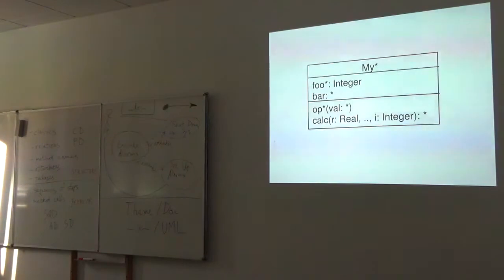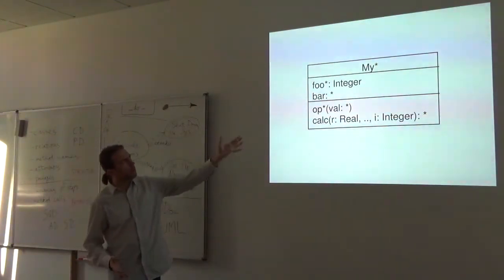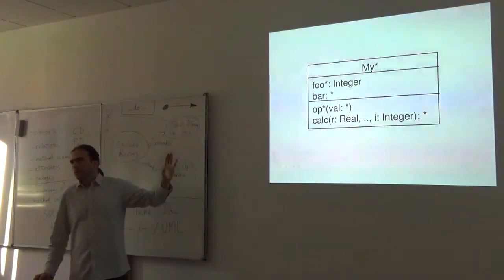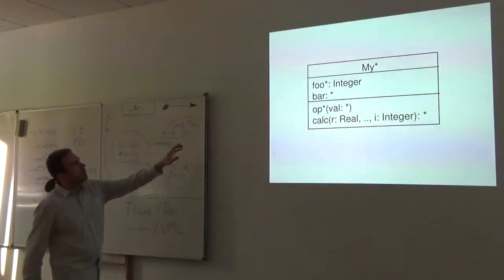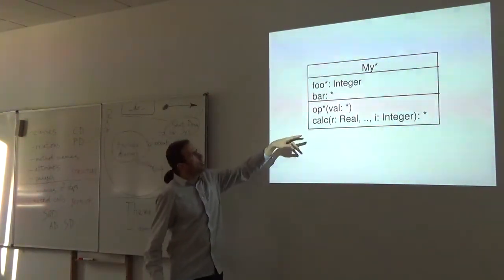This has nothing to do with the relationships for now, but we could specify in a graphic format a query for classes like this. So bring me all the classes whose name begins with my, that have these attributes, and so on.